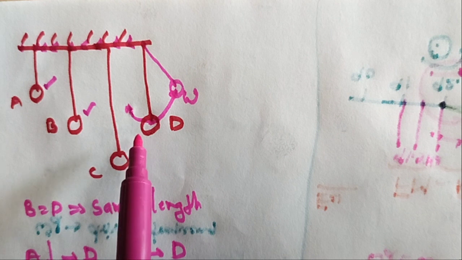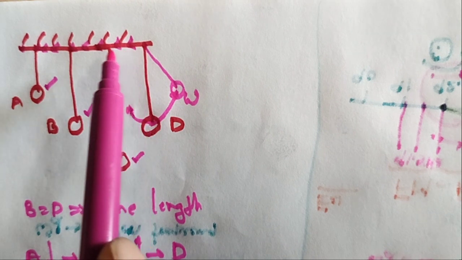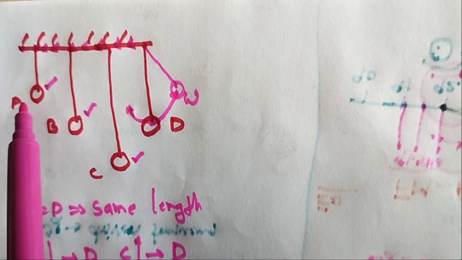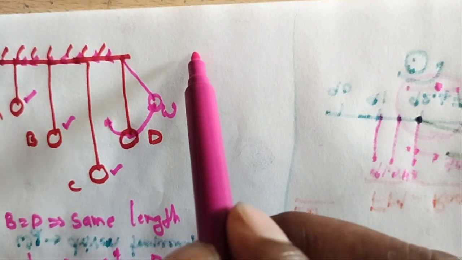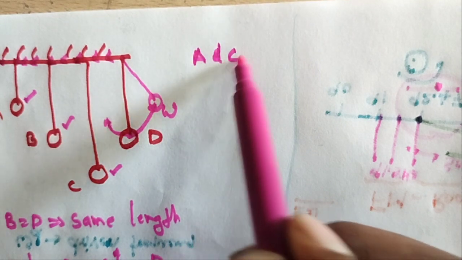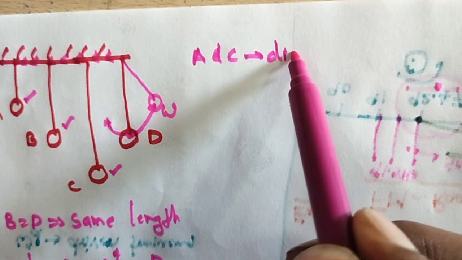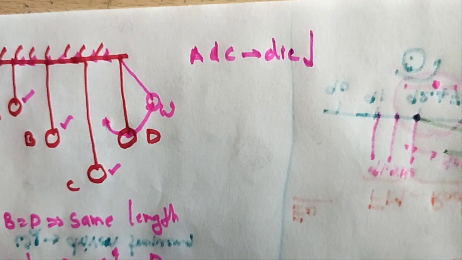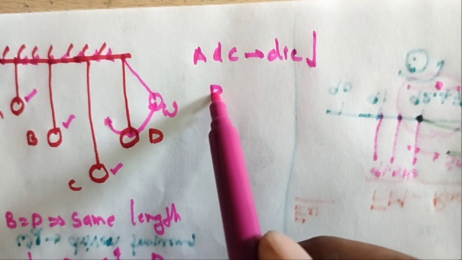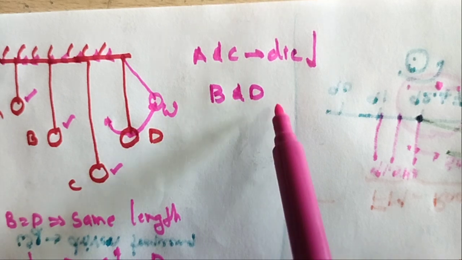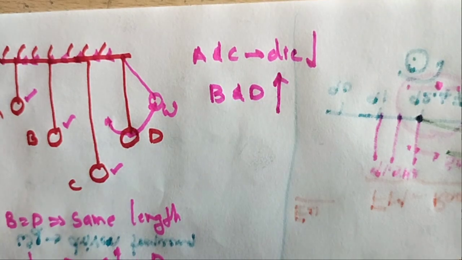Due to forced oscillation, as the energy is transported through the rubber cord, A, B, C pendulums will oscillate. But A and C die down very fast, while the amplitudes of B and D increase.